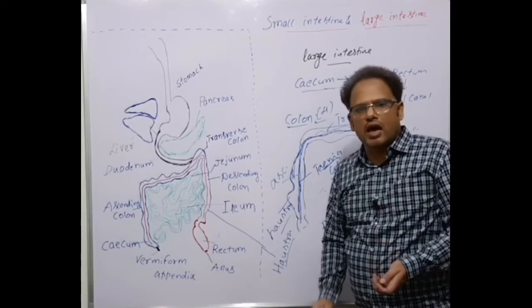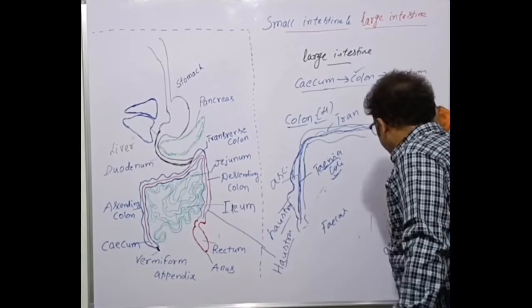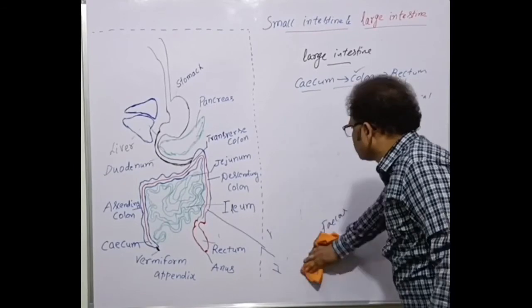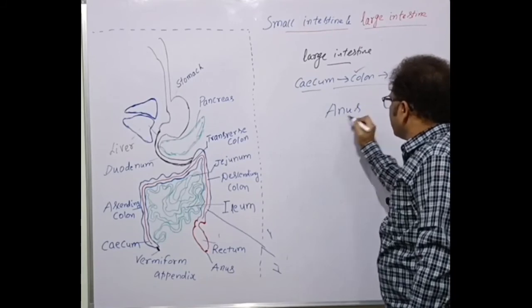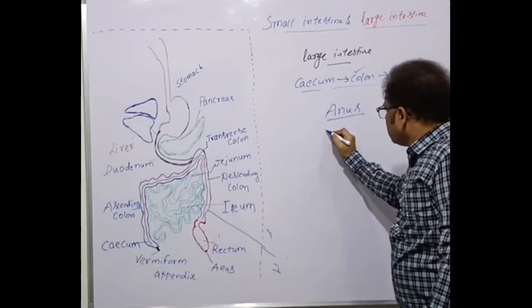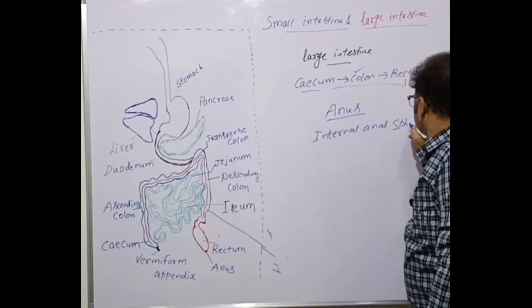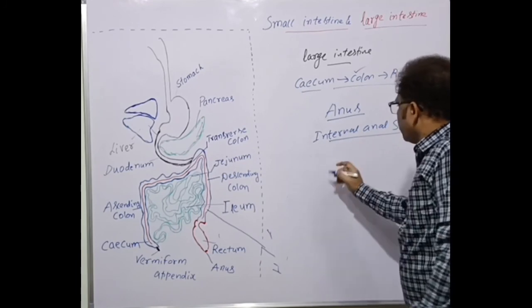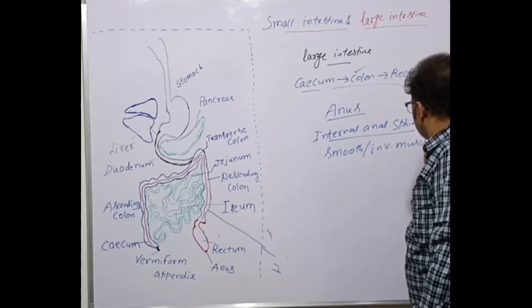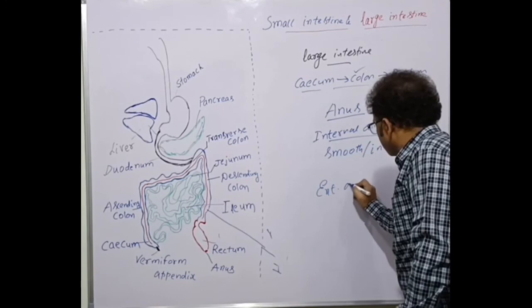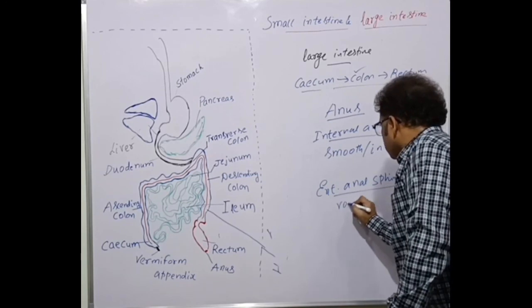And the anus has the internal sphincter and the external sphincter. The anus, the posterior opening of the alimentary canal, the gastrointestinal tract, contains the internal anal sphincter, guarded by the smooth muscles or involuntary muscles, and the external anal sphincter, guarded by the voluntary or striated muscles.